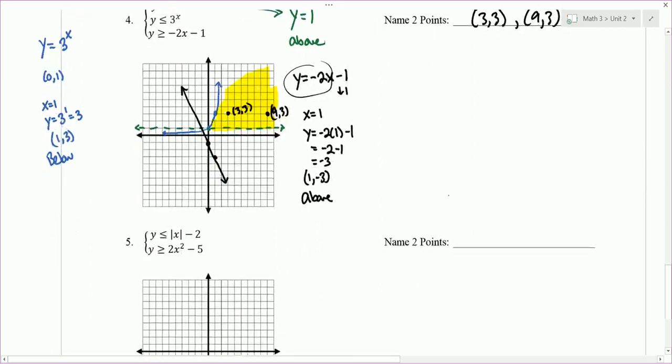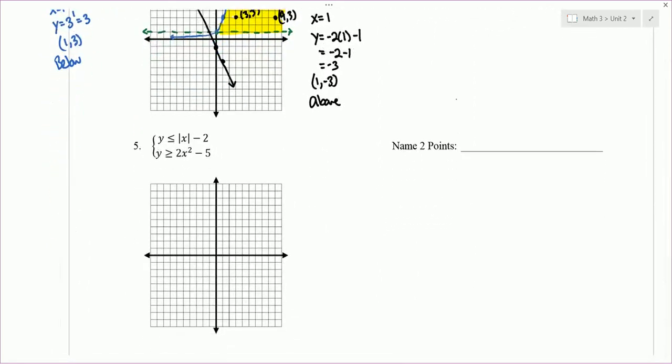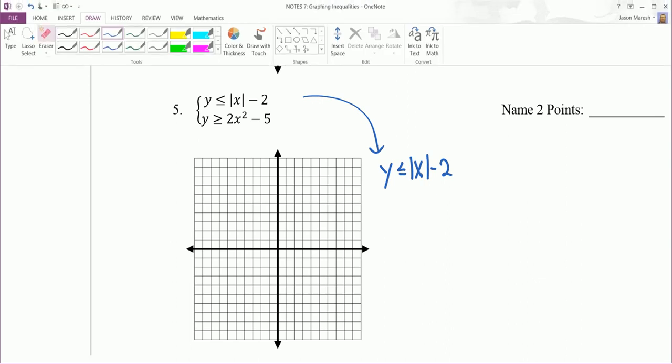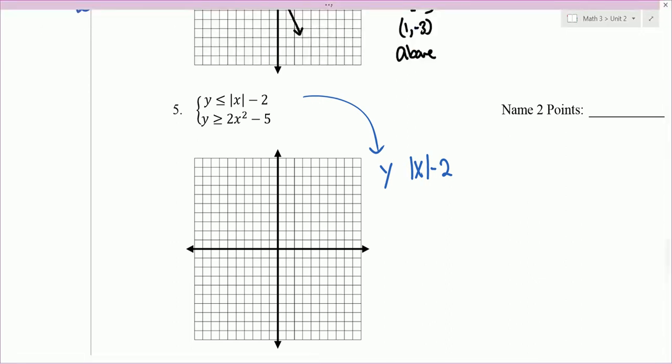All right, last one, number 5. Our first graph, we have y is less than or equal to the absolute value of x minus 2. But instead of using the less than or equal sign, let's use an equal sign to start us off. This is a V shape, dropped down 2 from the parent graph.